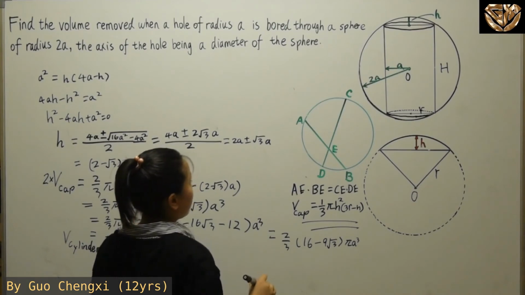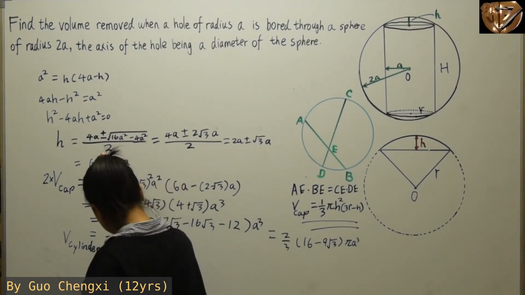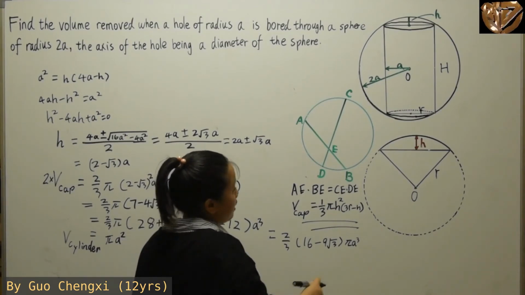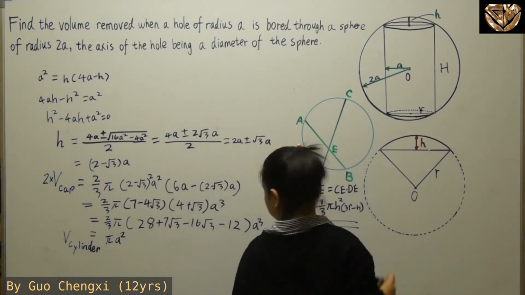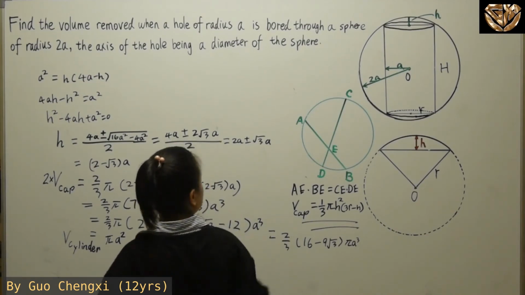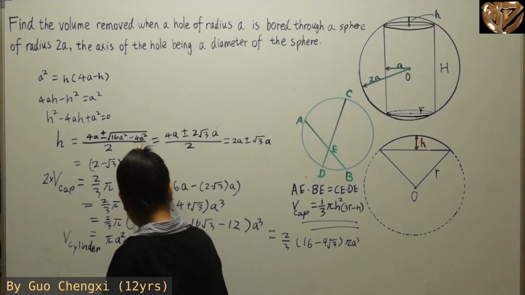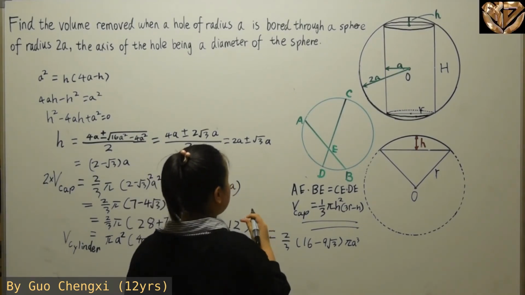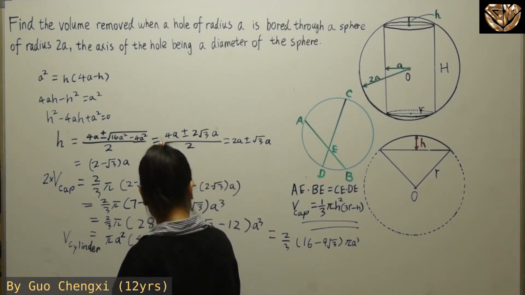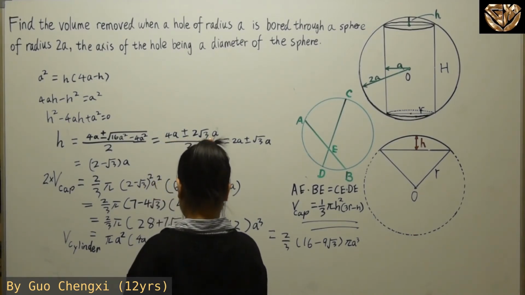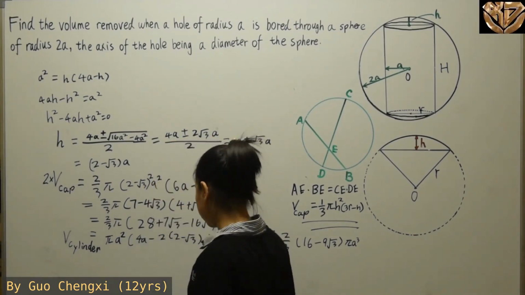So the pi r square, the r is basically a, the small a in this case, because we're talking about this r. So pi a squared times the height being 4a minus, so diameter minus the two heights, minus 2 times square root 3a, like this, okay?